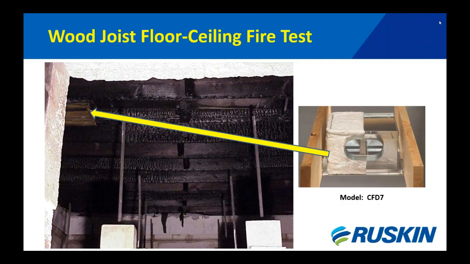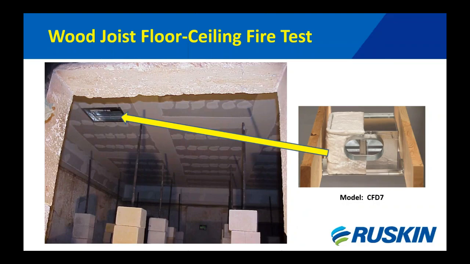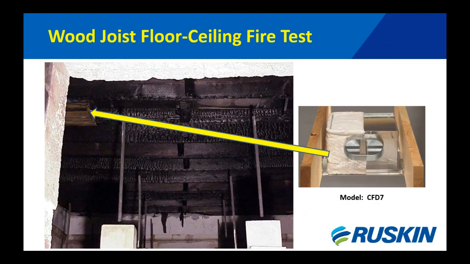What you're looking at here is the after effects of the fire test. This image shows that the drywall has burned away. You can see the charring on the wood joist members. So there's the before, there's the after. This will be common for most of your wood roof ceiling assemblies and floor ceiling assemblies.